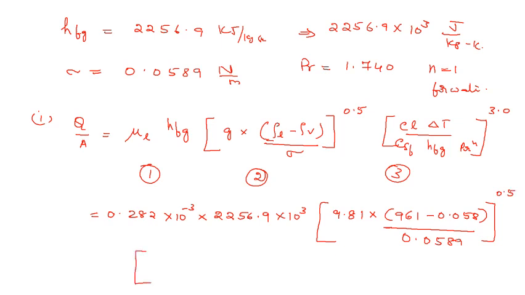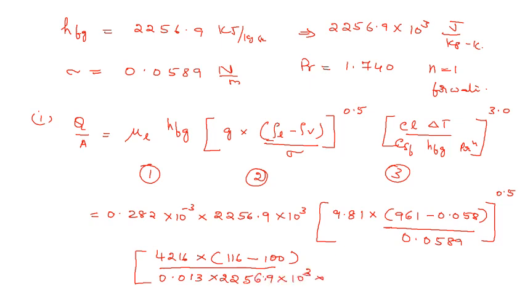Going to the third term, it is 4216 into 116 minus 100, divided by CSF, which will be 0.013, into HFG, which is 2256.9, and as I told earlier, it should be in joule per kg, and the Prandtl number you will get as 1.74.